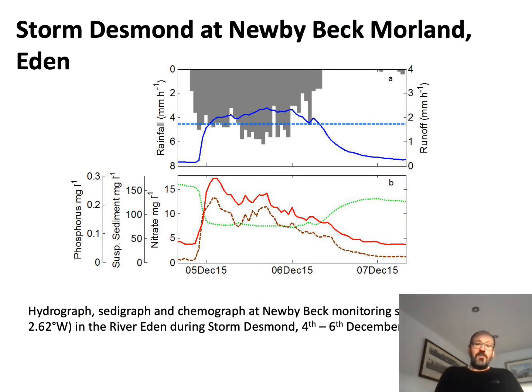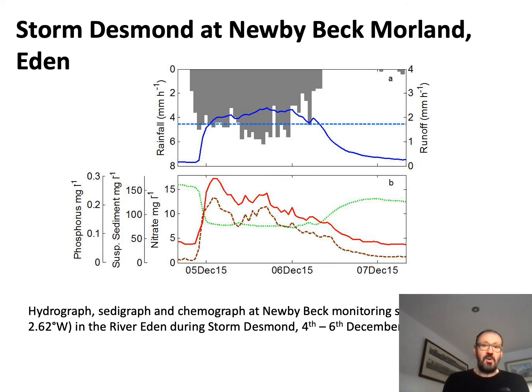Do you remember I talked about the demonstration test catchment a few slides ago? Well, indeed, the team were working at Newby Beck in Moorland in the River Eden demonstration test catchment. And by a sort of miracle, really, the team were able to determine the phosphorus, the nitrogen and the sediment export from Newby Beck during Storm Desmond.